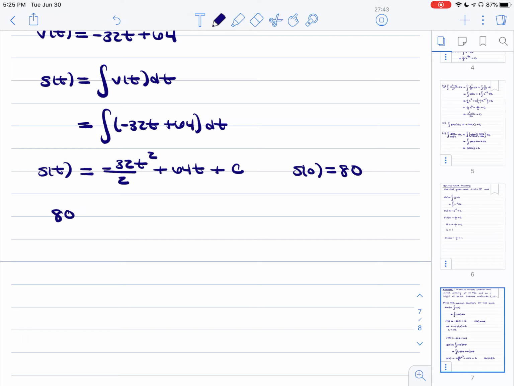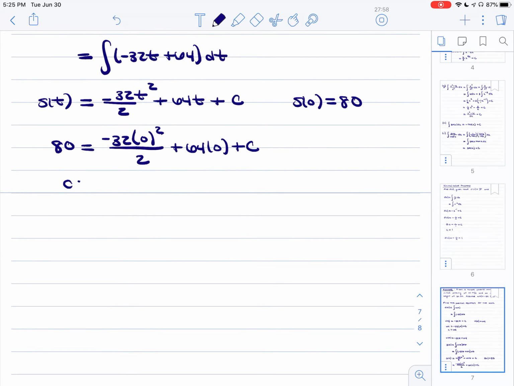So if we plug in 80 for S of t, and plug in 0 for t, we would get C is equal to 80. So finally, putting everything together, S of t would be equal to negative 16t squared plus 64t plus 80. And that would be our final equation.